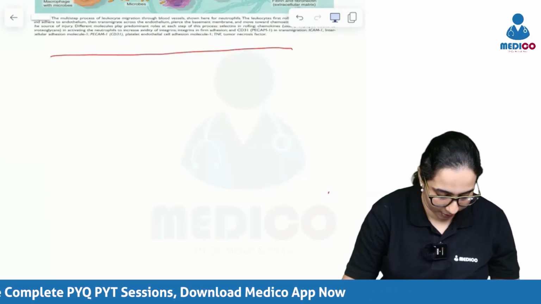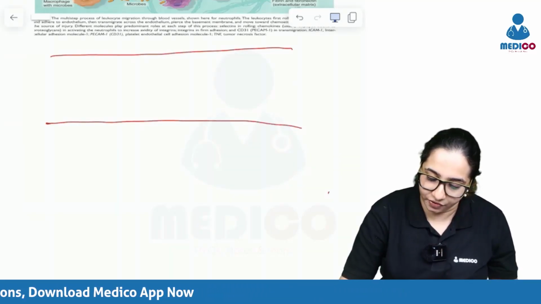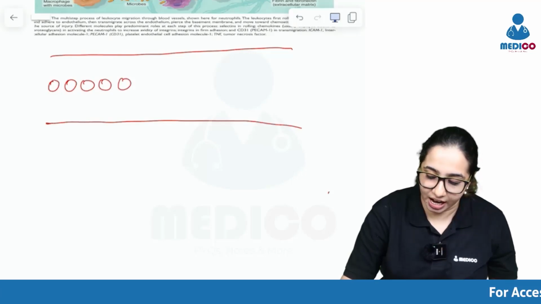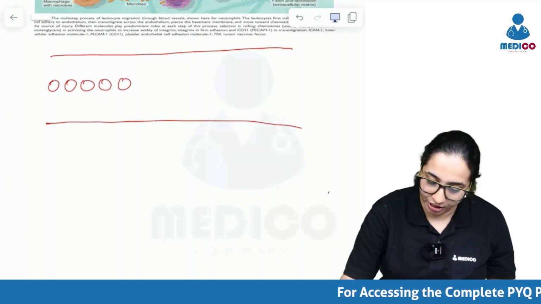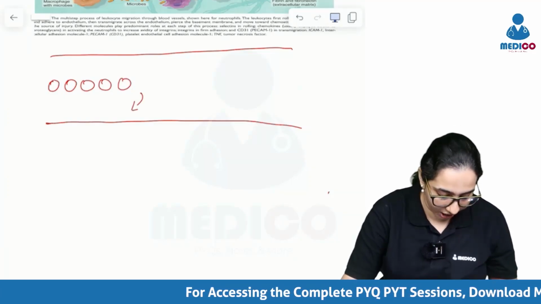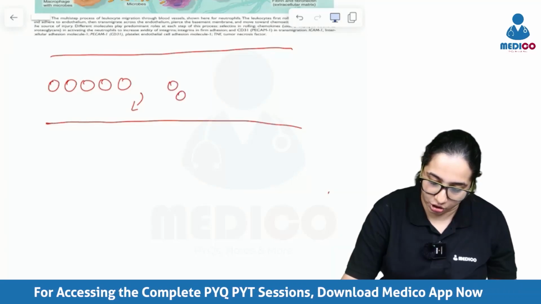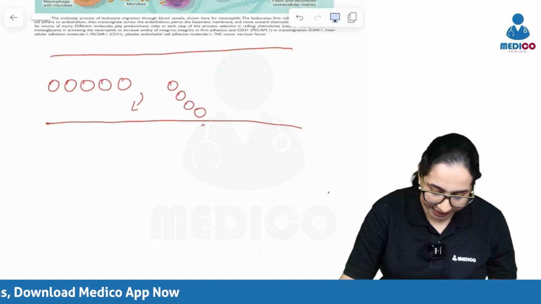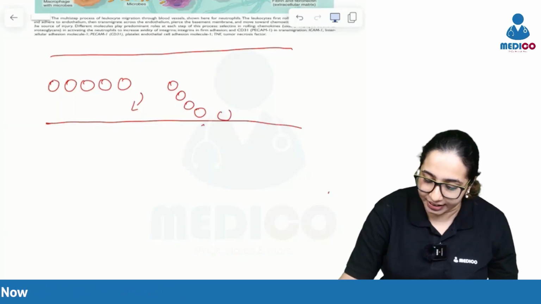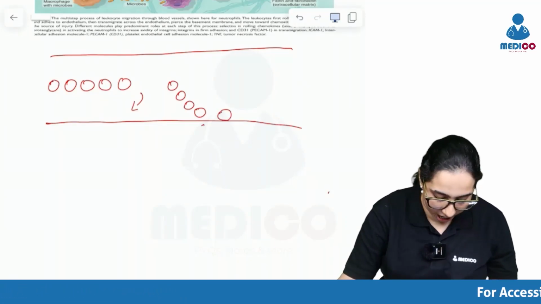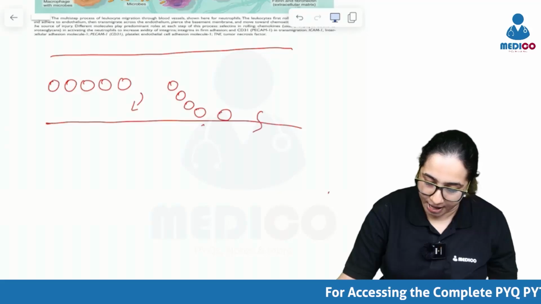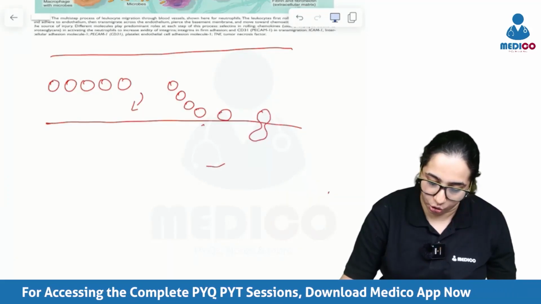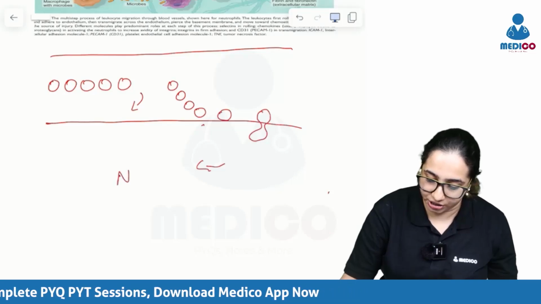Again, in the blood vessel, you have your leukocytes in the center. Now, these have to migrate to the endothelium. So these have to roll and come in contact with the endothelium, and then they have to get attached to the endothelium, and after that they migrate through the endothelium, and then they go to the noxious stimuli.